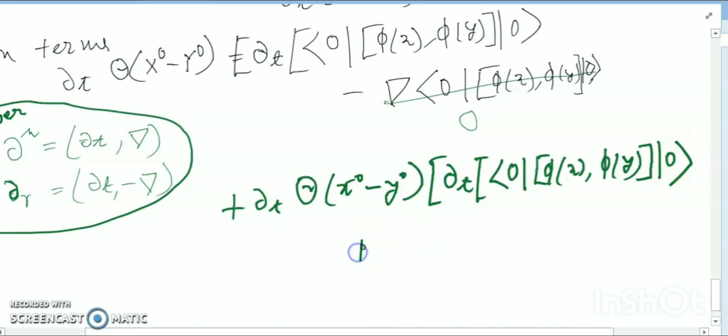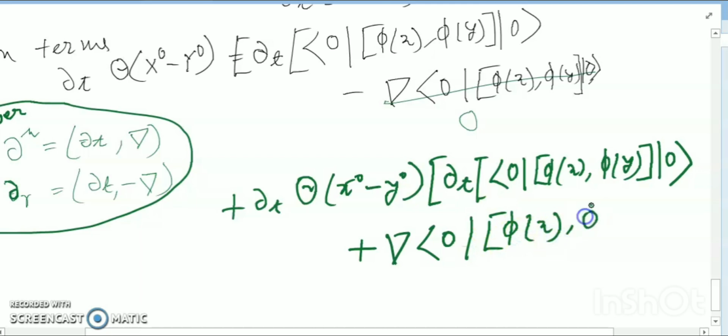And plus, sorry, it is plus, del 0 phi x comma phi y, 0.